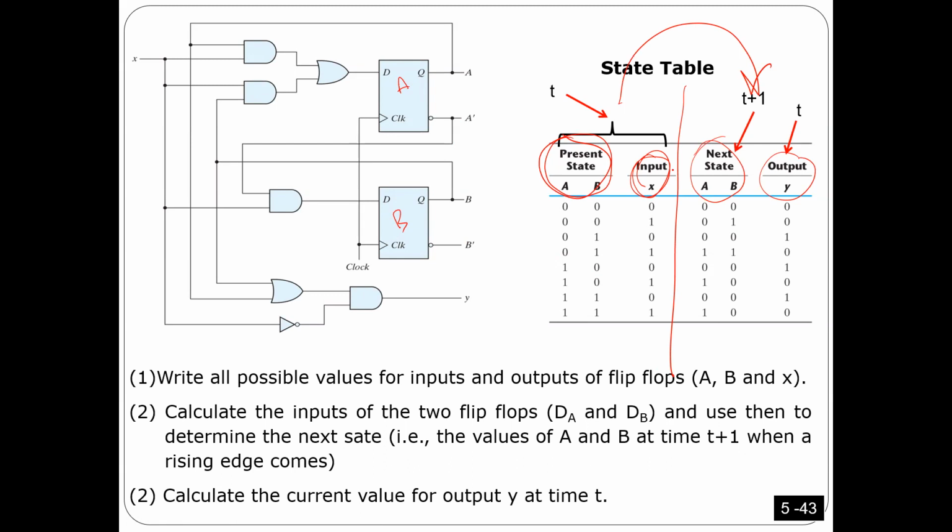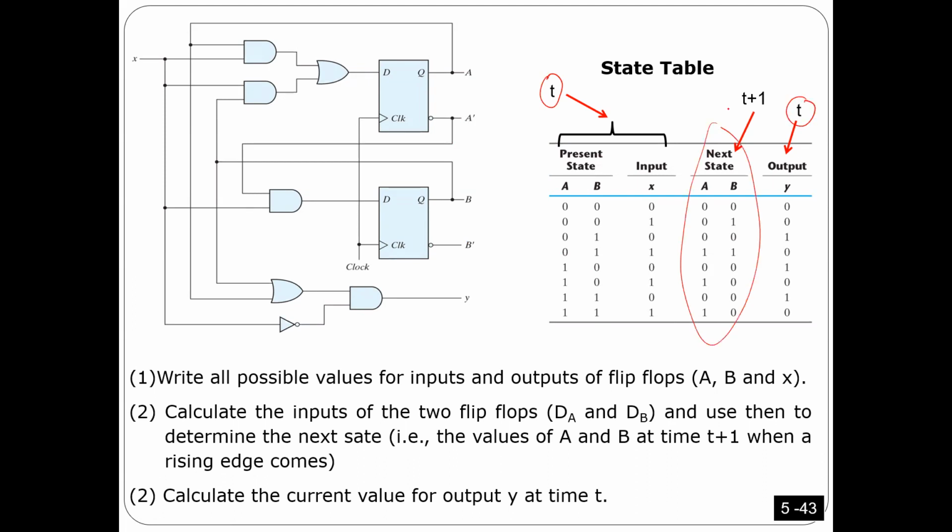The part here that is going to confuse you for sure is this input at time t, this output at time t, and this next state, which is actually at time t plus 1. I'm sure this confuses you, so pay attention to this part, okay? What this means is this one before the clock comes.